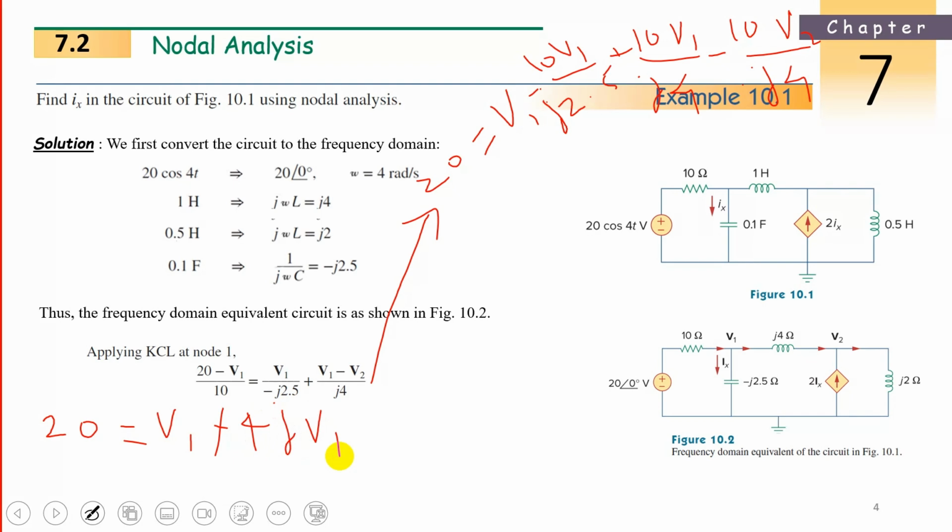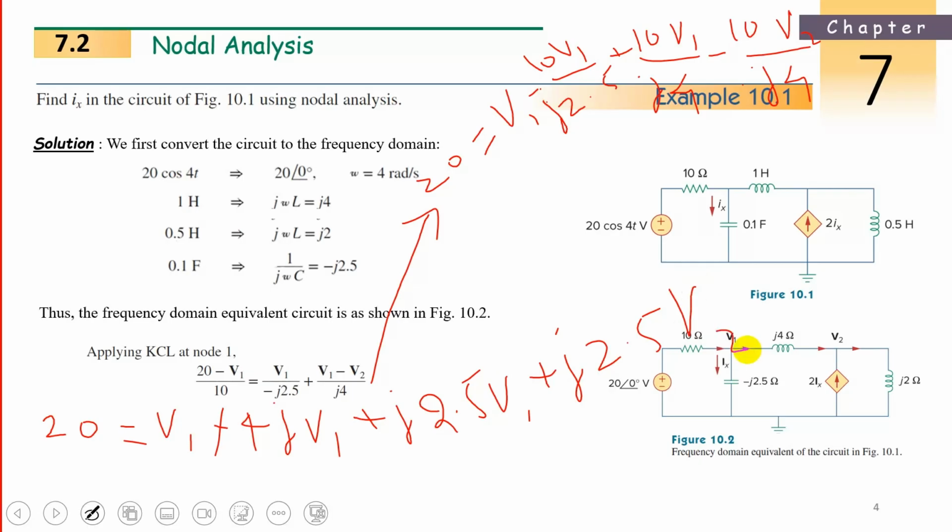Next 10 divided by 4 is 2.5, so plus j2.5, also with V1. Next 10 divided by 4 again 2.5, and taking j upside it becomes plus j2.5 V2. This is the equation.